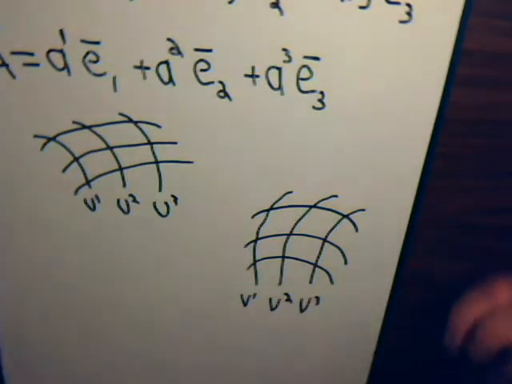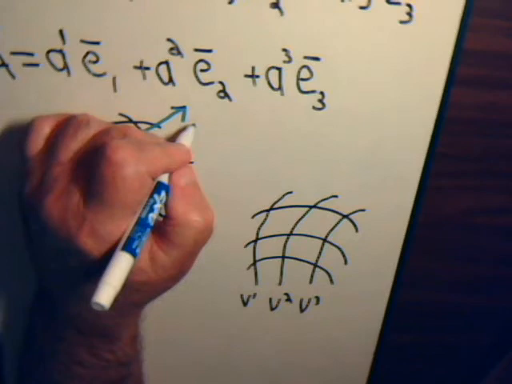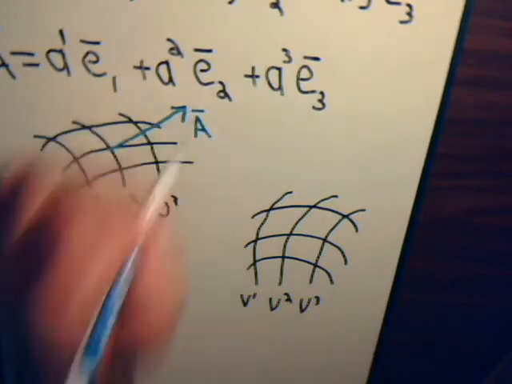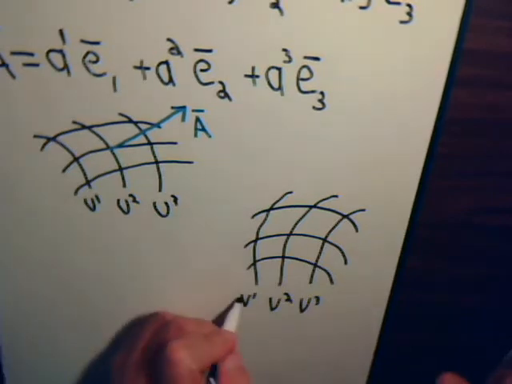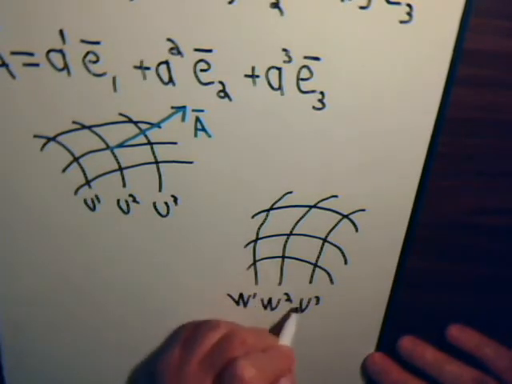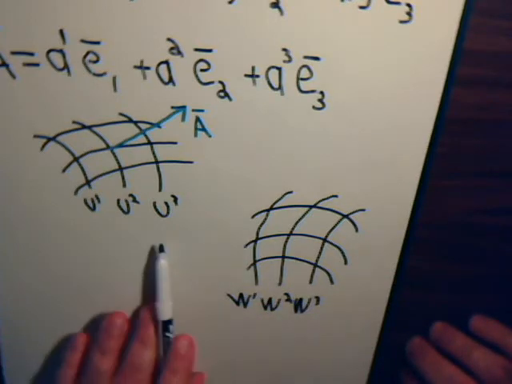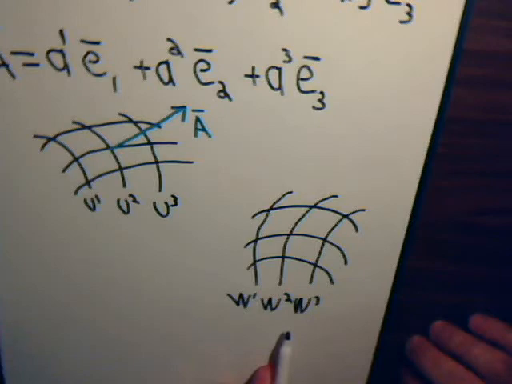And we have a vector A. Now these are U's and these are V's. Let's make these W's so we don't get confused. So here we have the U coordinate system, and here we have the W curvilinear coordinate system.